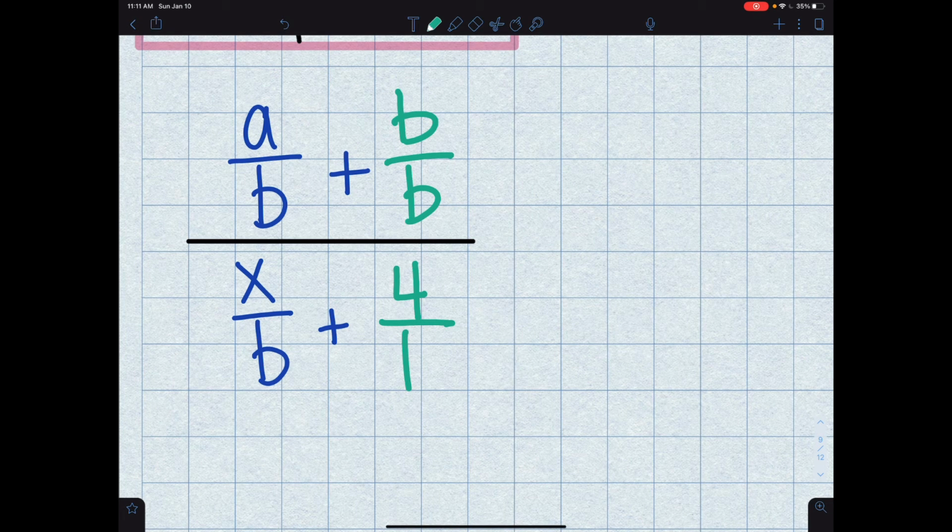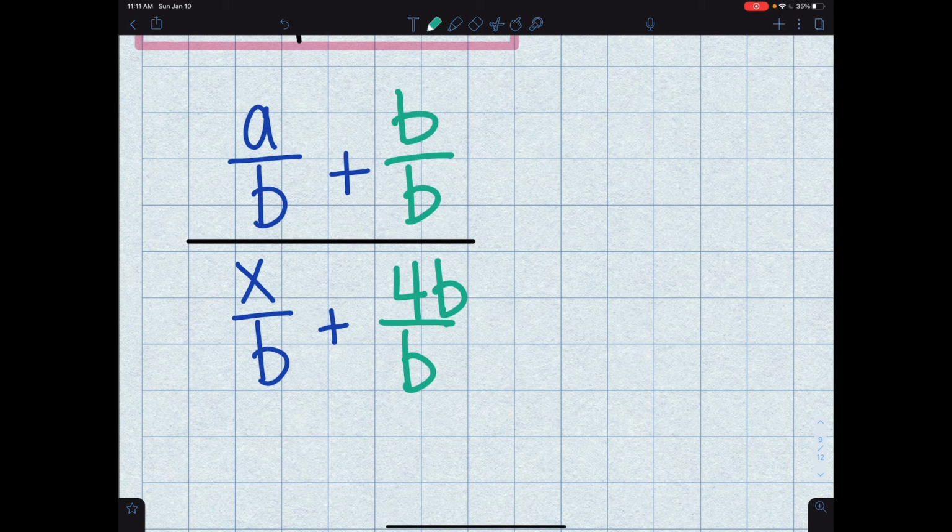But that doesn't give me a common denominator. So if the whole thing were 1, I would just make it b over b. Why can't I just multiply by b over b? And turns out I can. I can put a b there. I can put a b there. That expression is the same as the number 4. But it gives me an advantage because now I have common denominators there too.